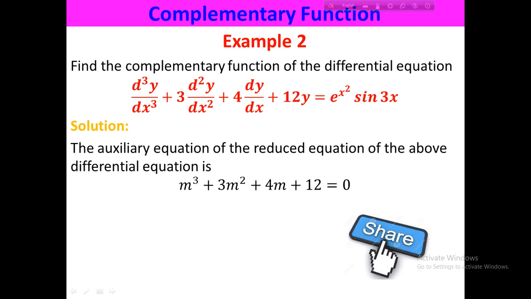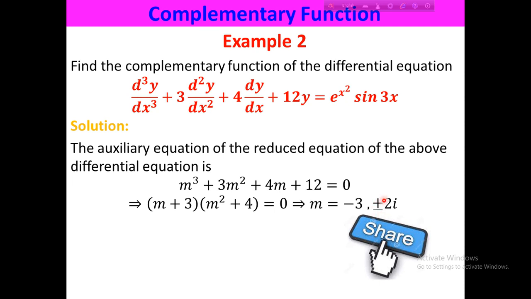If you solve it, you have to factorize, then you get m plus 3 into that. Please solve it. Therefore the values of m are minus 3 and plus or minus 2i. Since minus 3 is a real root, for this root the complementary function contains a constant into e to the power minus 3x. And plus or minus 2i is of the form alpha plus or minus i beta, with alpha equal to 0 and beta equal to 2.